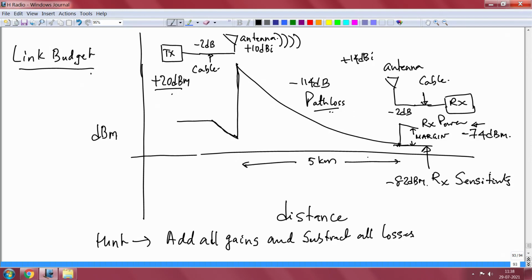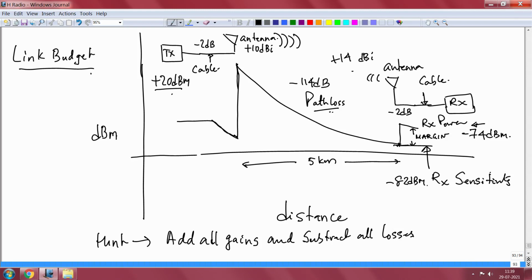And what actually happens is, once it comes here, it comes to the receiver antenna. Here there is an antenna gain, right. That is what we wanted to show here, and this antenna gain is plus 14, it is expressed in dBi, plus 14 dBi isotropic.